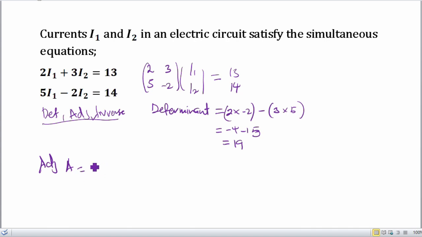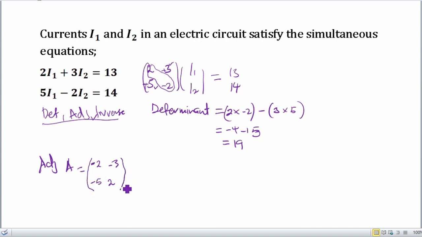whereby the leading diagonal elements are going to interchange. So negative 2 comes here and 2 comes there. And then the other diagonal elements, the signs are going to change. So if here 3 was positive, it becomes negative. Here 5 was positive, it becomes negative 5.